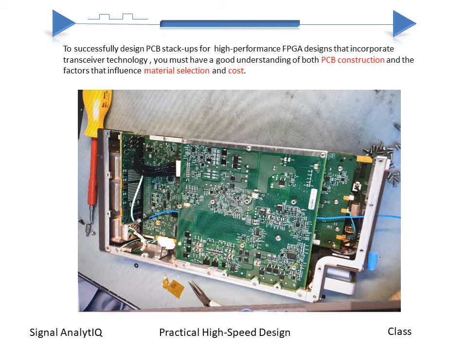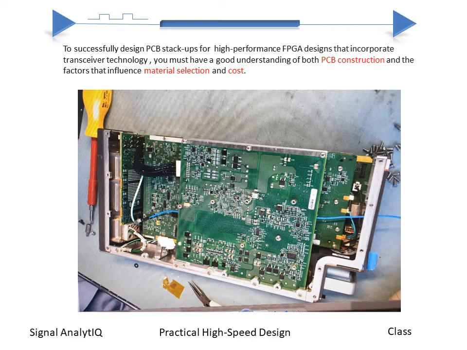So in today's topic on PCB stack-up, we will discuss various chapters on PCB stack-up design considerations, so material selections and the parameters associated, material loss due to impedance mismatch, dielectric absorption, and conductor loss.